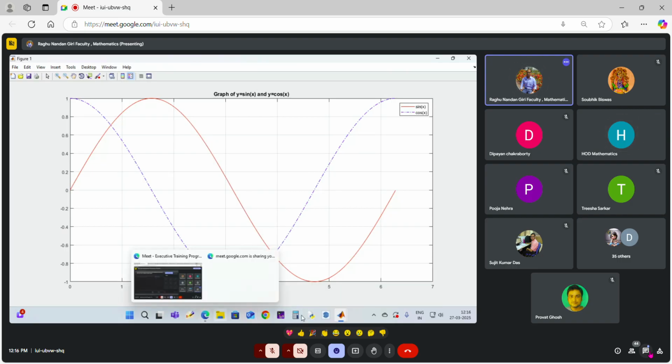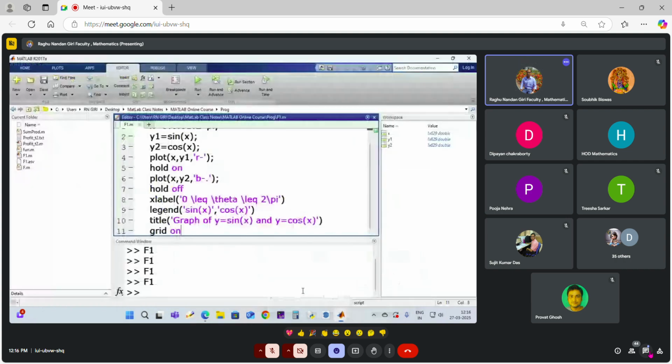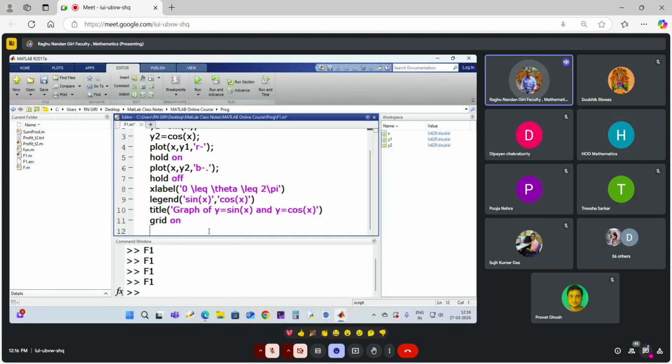So, how do we do it? Suppose for the x limit I want only from 0 to pi.